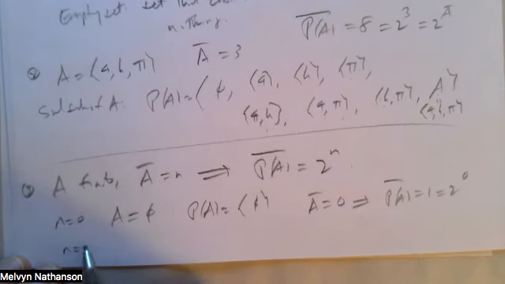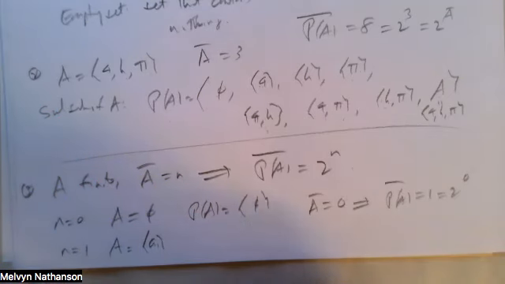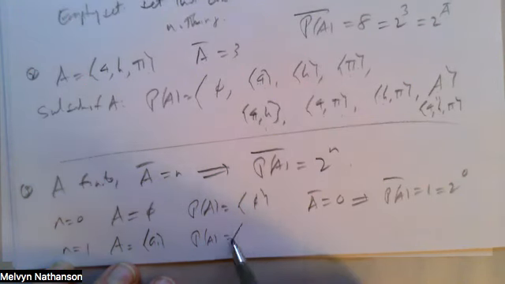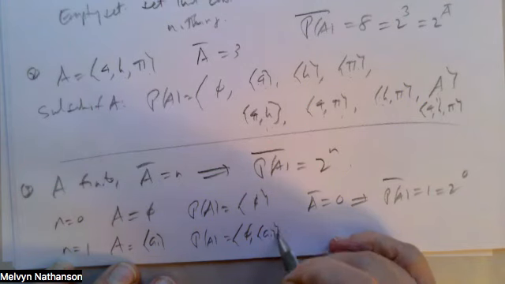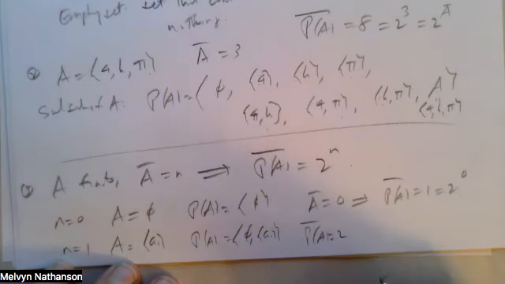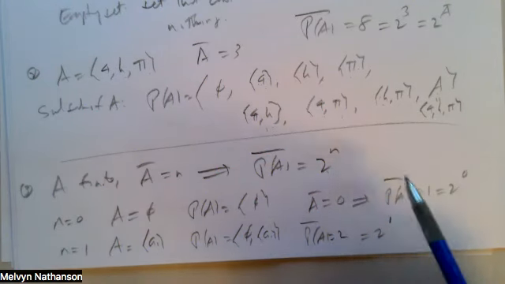Suppose n is 1. So then A contains just 1 element, A1. And what is the power set of A? Well, you only have the empty set or A itself. So the power set of A has 2 elements, which is 2 to the first power, right? So this formula is true for n equals 0 and 1.